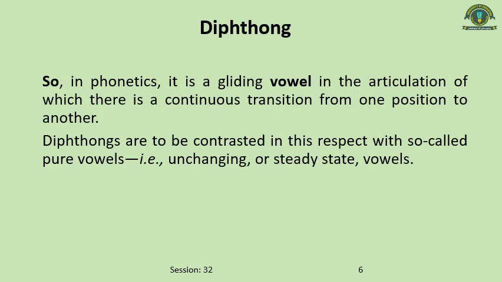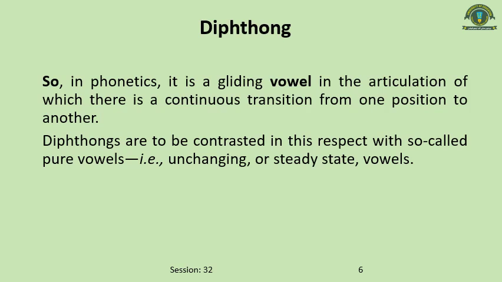If there is a debate or discussion point required on what in fact a diphthong is in phonetics, the answer is that in phonetics it is a gliding vowel in the articulation of which there is a continuous transition from one position to another.